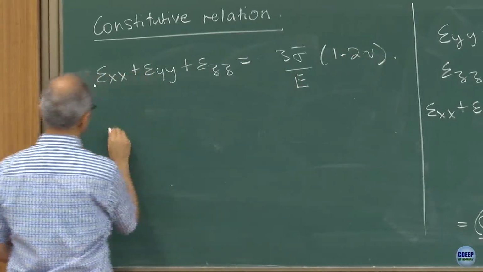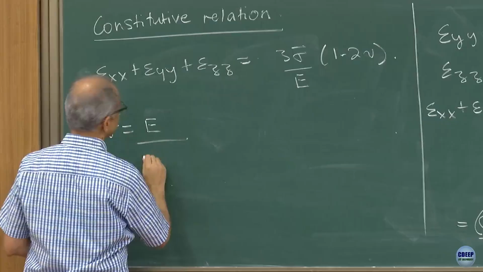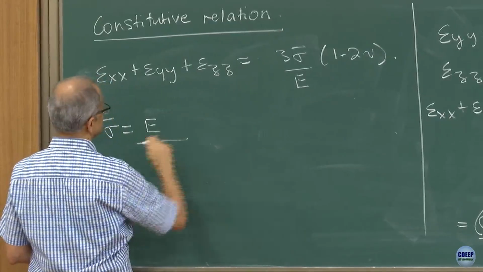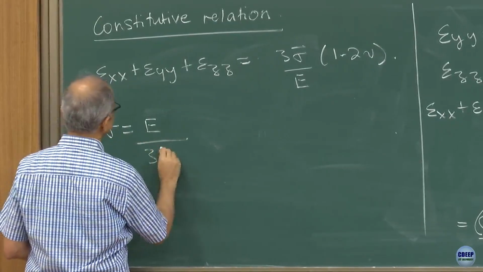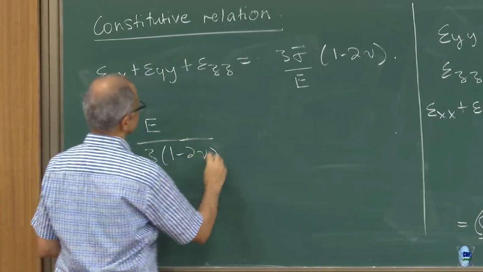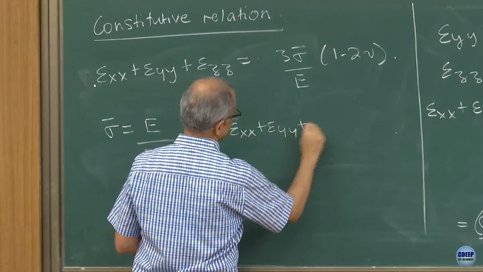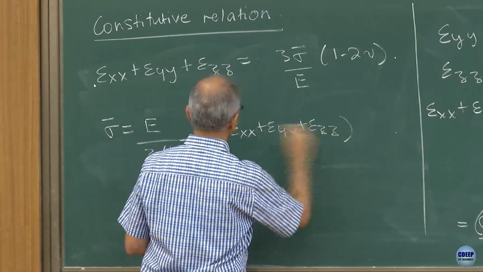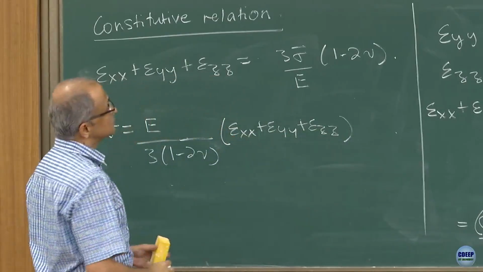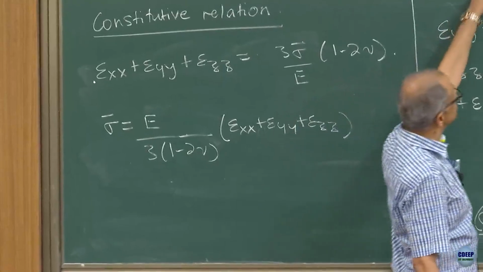So I get sigma bar as E upon 3 times 1 minus 2 nu times epsilon xx plus epsilon yy plus epsilon zz. This is what I'm going to substitute in here.